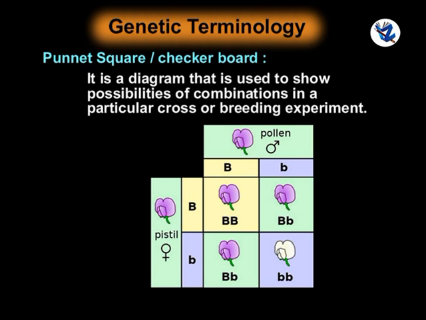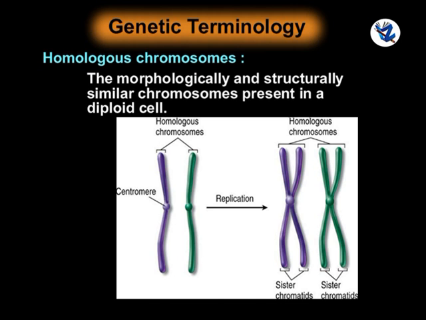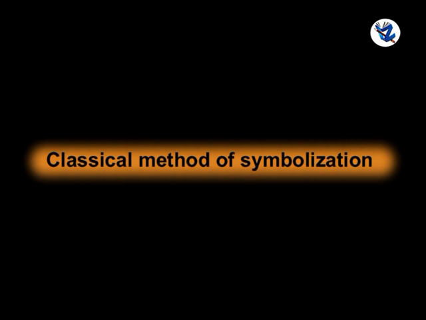Then Punnett square or checkerboard, it is a diagram that is used to show possibilities of combinations in a particular cross or breeding experiment. Then homologous chromosomes, the morphologically and structurally similar chromosomes present in a diploid cell. Now this is the classical method of symbolization.